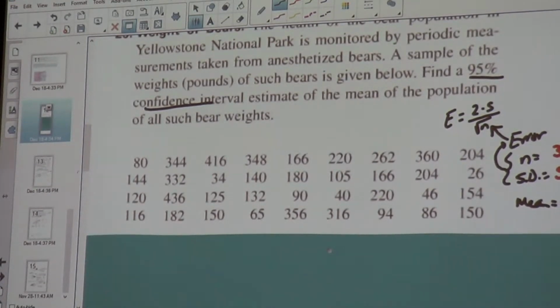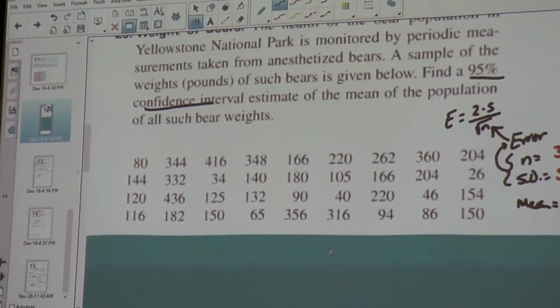We don't know what S is, our standard deviation, and we don't know our mean. So we've got to figure out things before we can do the problem. Let's go back in our brain, which makes this a good review problem, and figure out how we find the mean and the standard deviation.